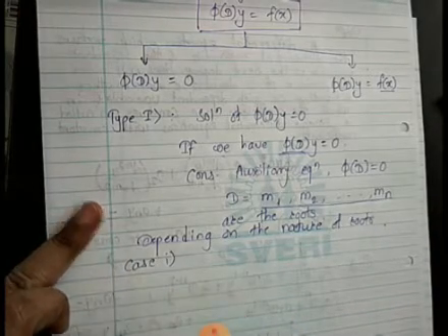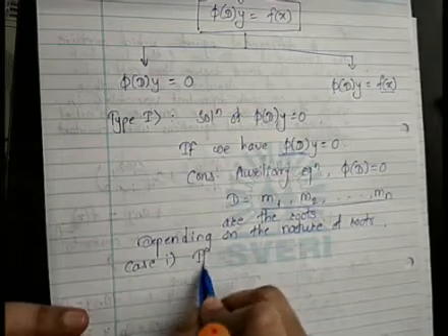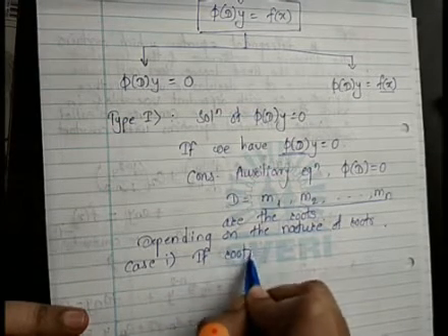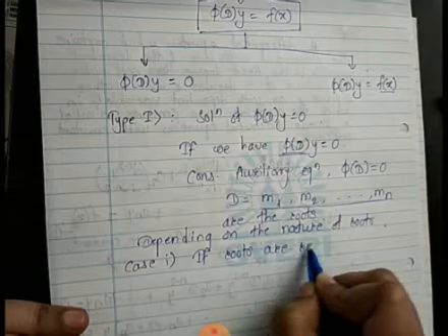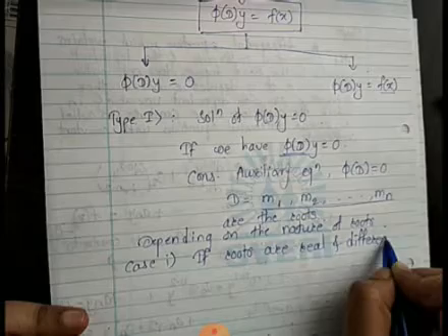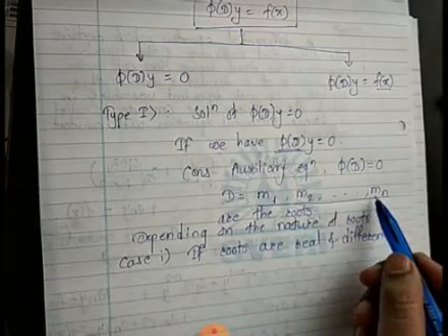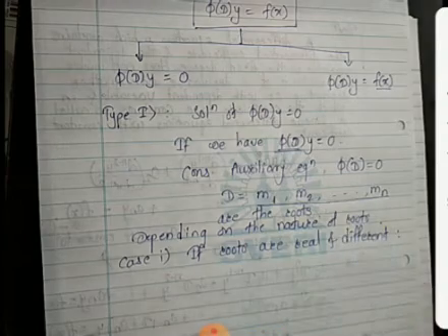So case 1, if roots are real and different. The first case is, if all these numbers are real and all are different from each other.